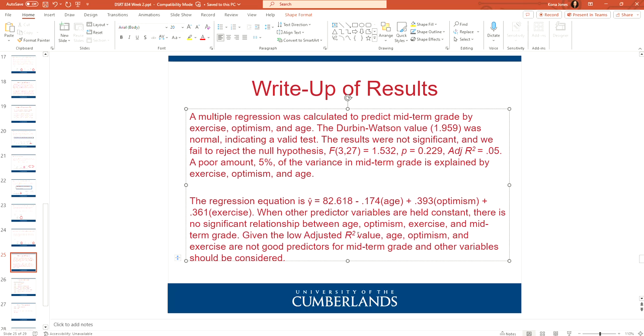Given the low adjusted R-squared, these variables are not good predictors and other variables should be considered. So this is an example of how you would write up non-significant results. For the quiz in week 3, when you're doing a multiple regression, if your results are not significant, this is what you should be writing up.